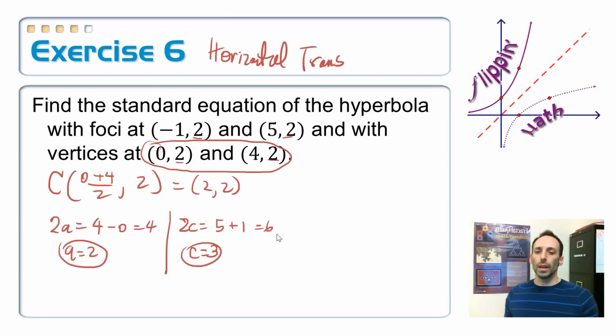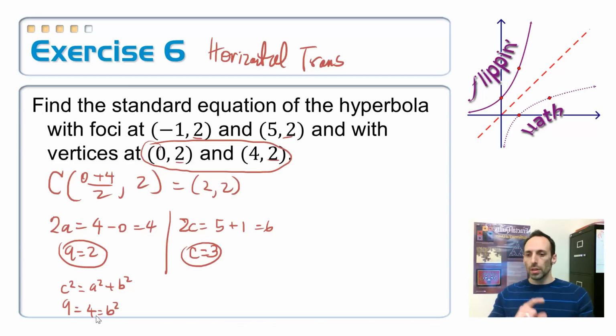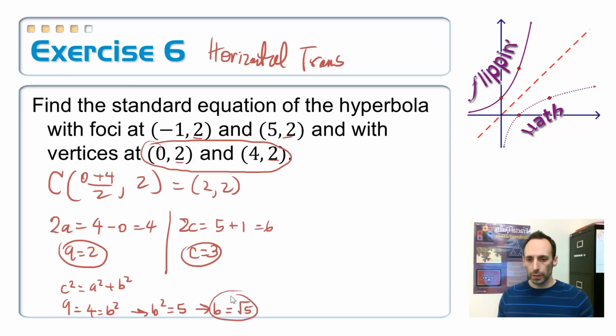And now put them together in the Pythagorean relationship in order to find the b value. So c squared is equal to a squared plus b squared. So c squared, that's 9, equals a squared, which is 4, plus b squared. Subtract the 4, and that gives me b squared is equal to 5, so b is equal to the square root of 5.